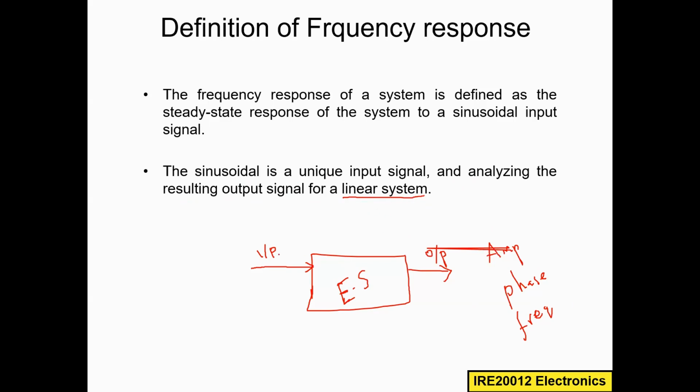Linear system means whatever input you give to the system, the output will just vary linearly, like this one. So whenever you apply the input to this linear system, we get some kind of output. We need to do the analysis mathematically.